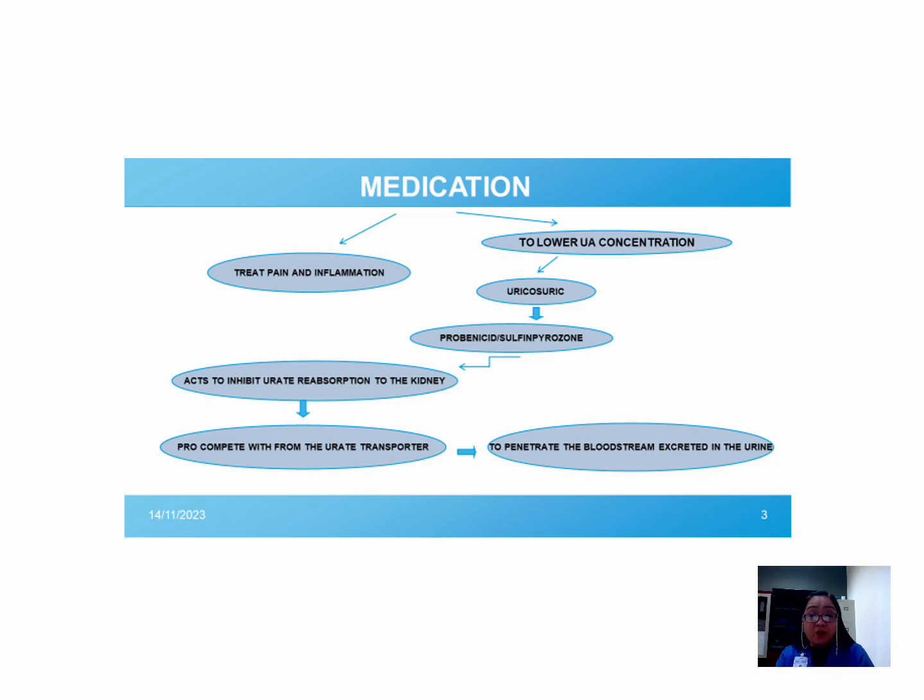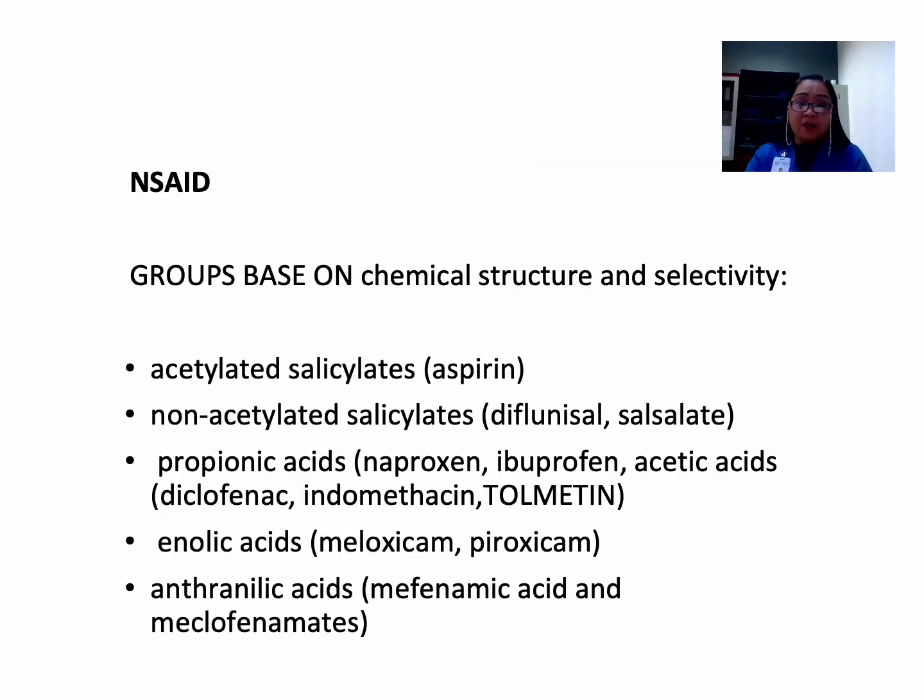Let us go into details about these medications. NSAIDs. What is NSAID? NSAIDs are divided into groups based on chemical structure and selectivity. We can say that it is divided into acetylated salicylates, an example is aspirin. Non-acetylated salicylates, examples are diflunisal and salsalate.